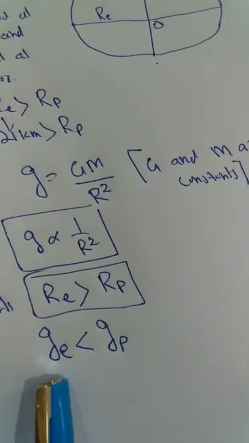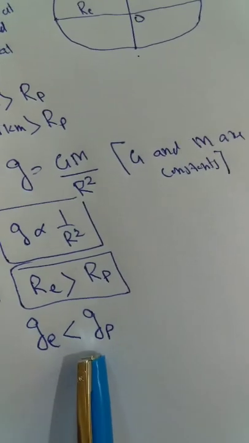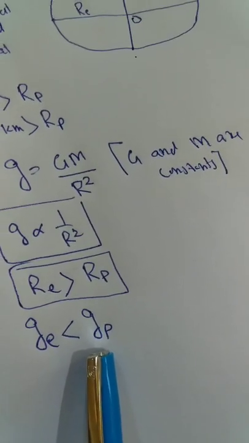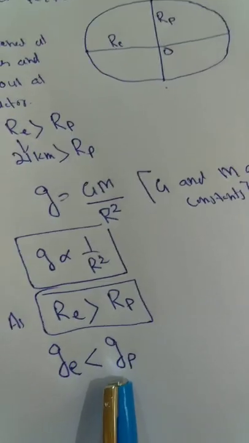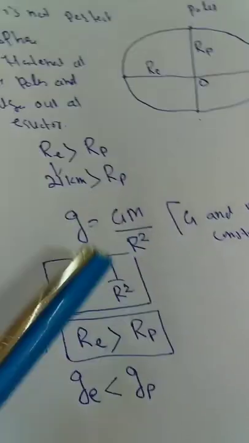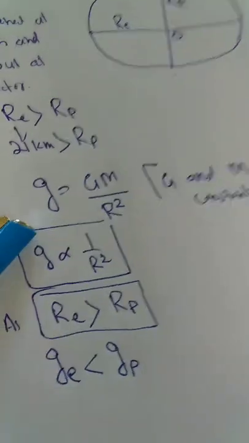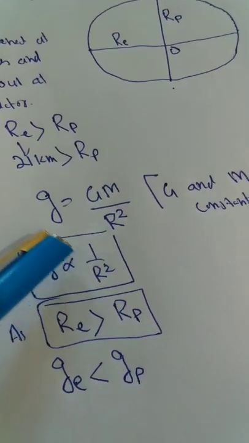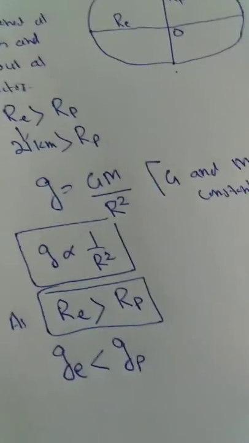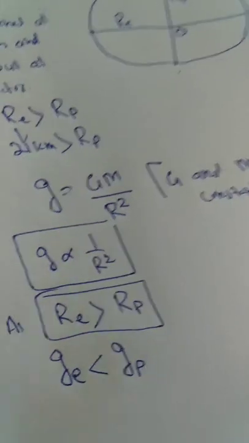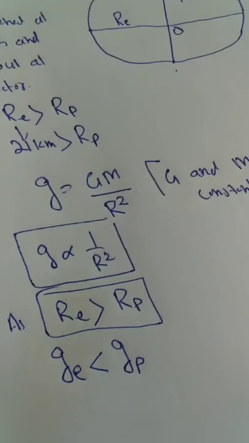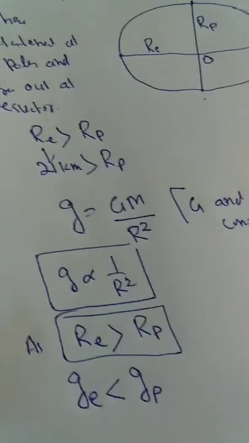So the shape of the earth also affects acceleration due to gravity.